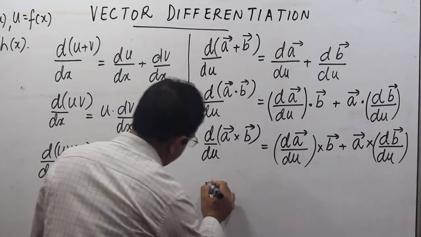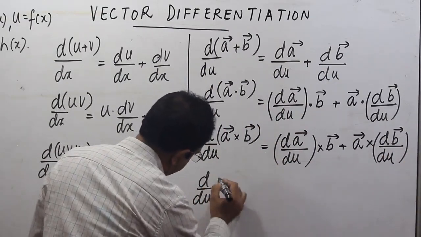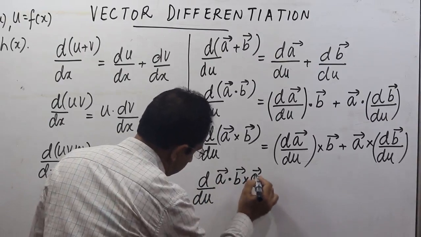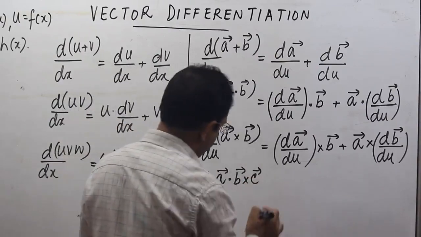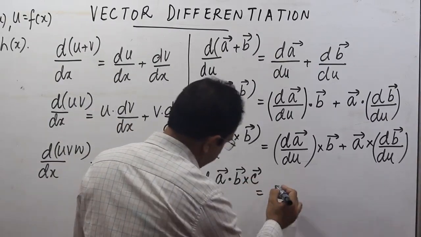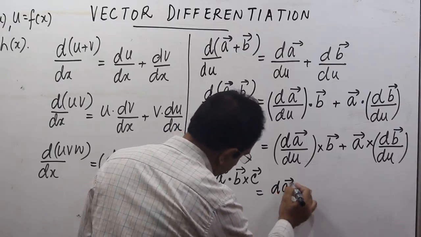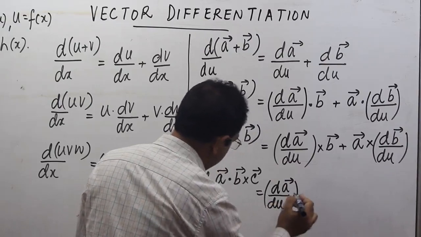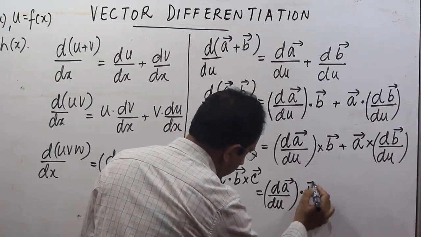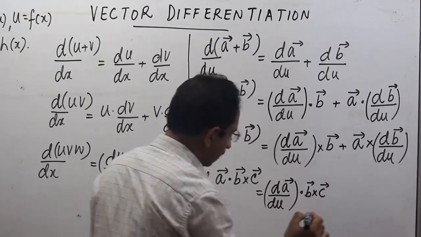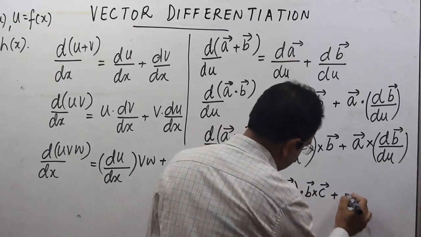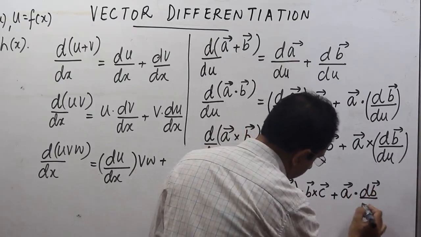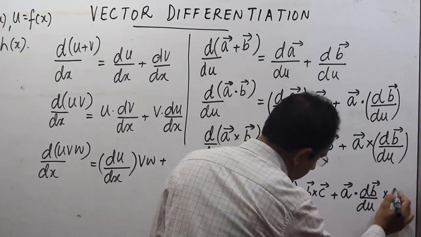Similarly, if I have derivative of a dot b cross c, so this is scalar triple product of three vectors, so this would be derivative of a with respect to u, this derivative once found, dot b cross c plus a dot derivative of b with respect to u cross c.